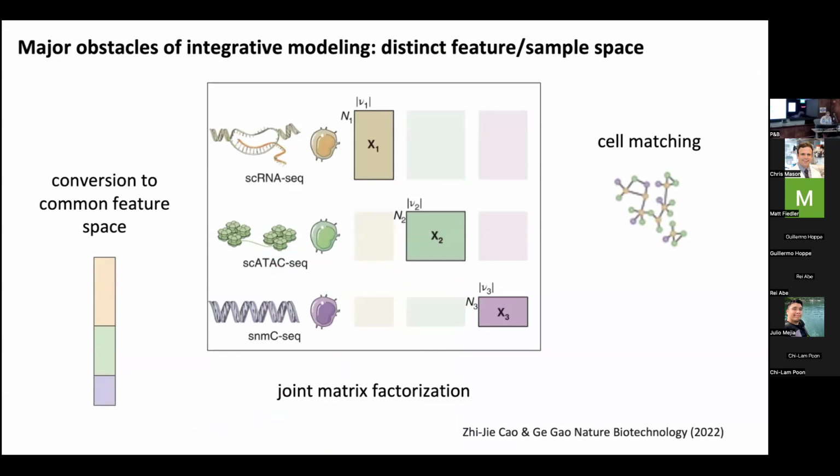That is very specific to single cell and potentially very interesting for single molecule sequencing: frequently we would have completely distinct feature and sample space. This is where you have maybe the same sample, but different cells going to different omic assays. There are different ways of dealing with it.